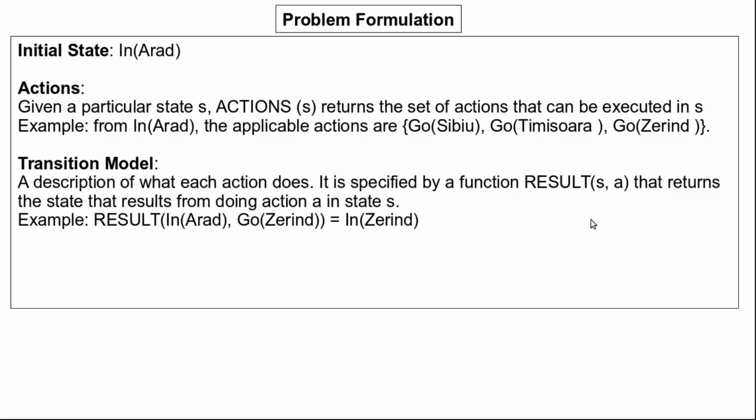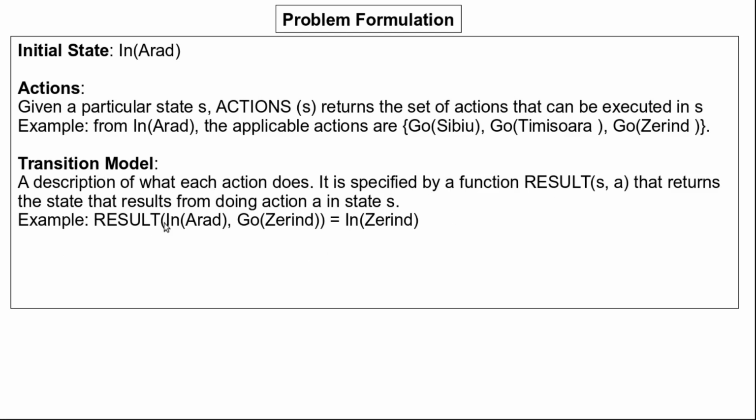So we have a state s, and when in state s we perform an action a, it will result in a new state, and that new state is what will be returned by this function, and that constitutes the transition model. When we specify this function for all possible states and for all possible actions, that would give us the transition model.